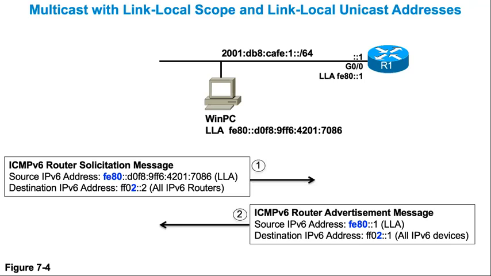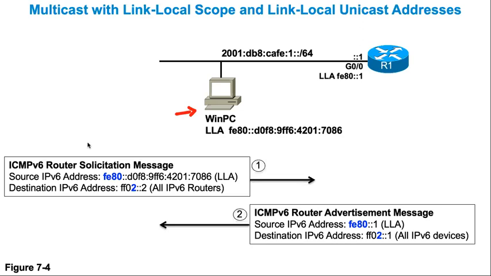Okay, so a router solicitation message coming from the WinPC here. This is when the host, WinPC in this case, boots up or connects to the network and wants to send out a message saying, hey, who out there is an IPv6 router on my link, on my network? I need to know how to receive my addressing information dynamically.